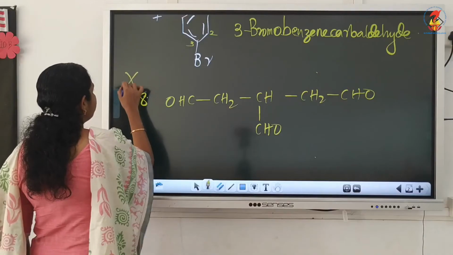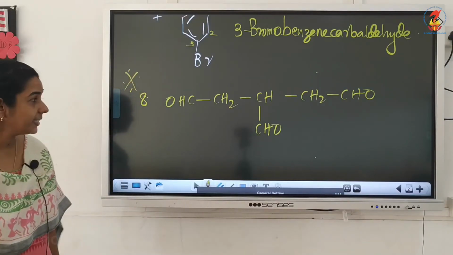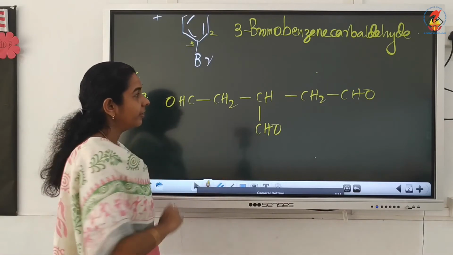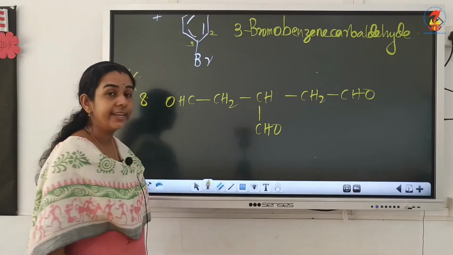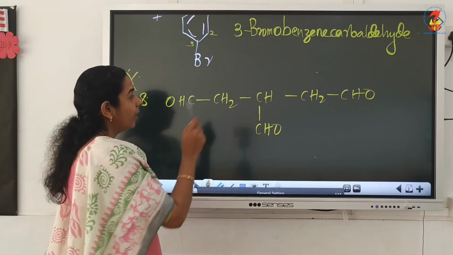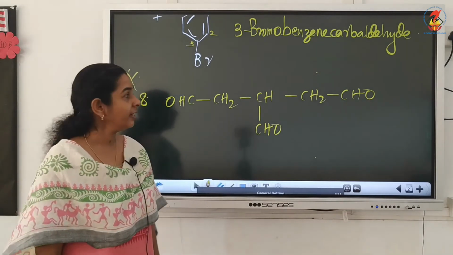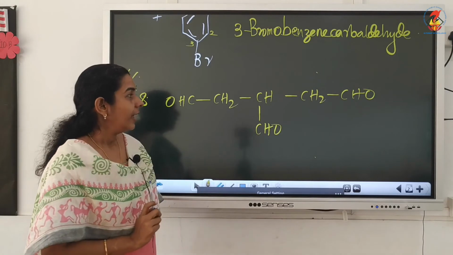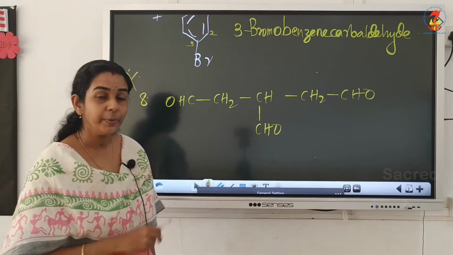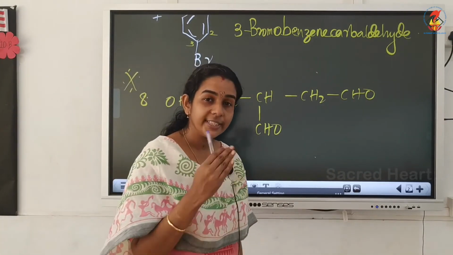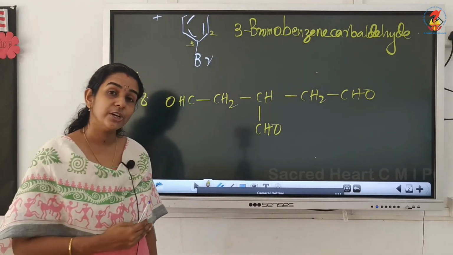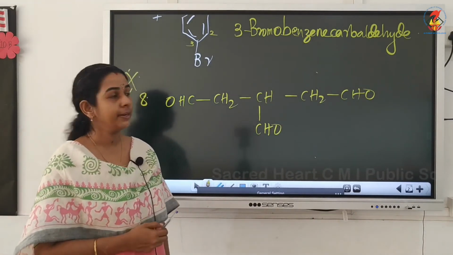Now another very important compound to write the IUPAC name. Here we have 3 aldehyde groups. So according to the usual rule, we have to select the longest carbon chain containing the functional group, and we have to number in such a way that the functional group attached carbon gets the lowest possible number.